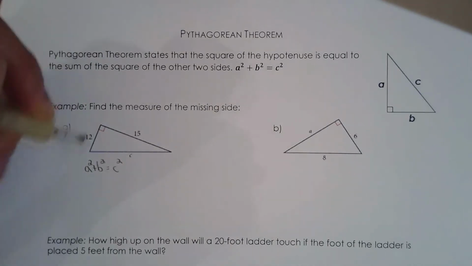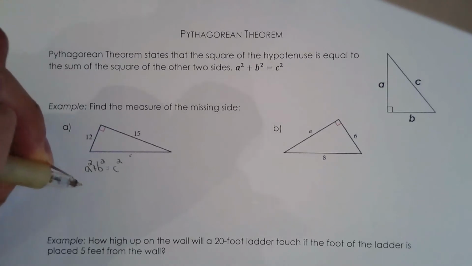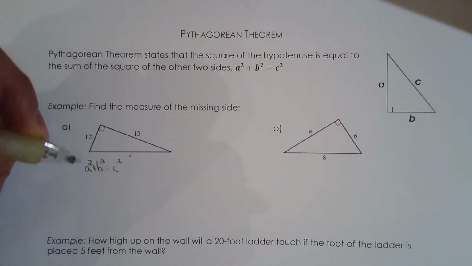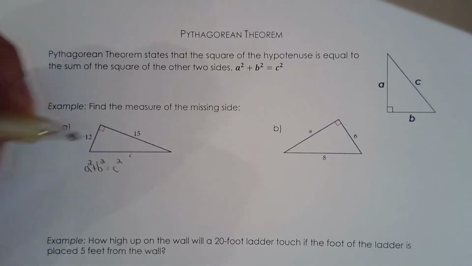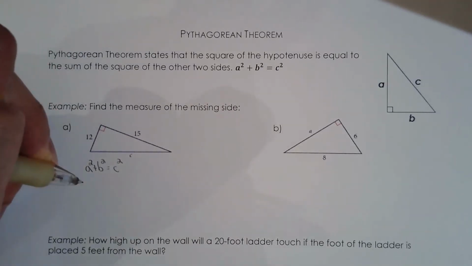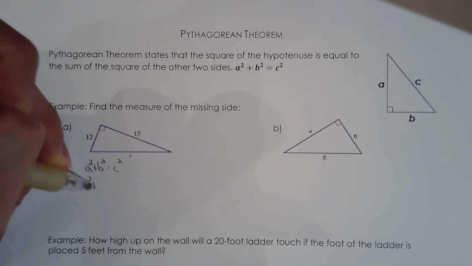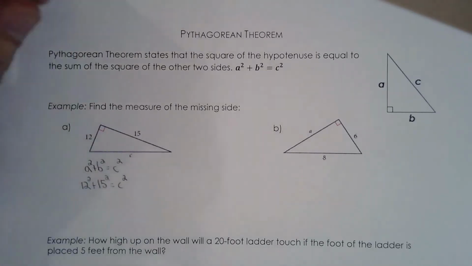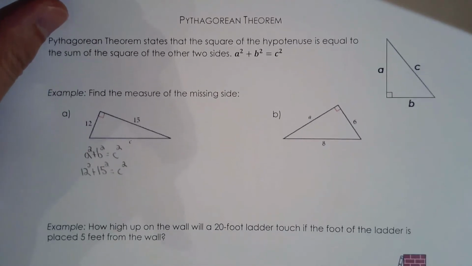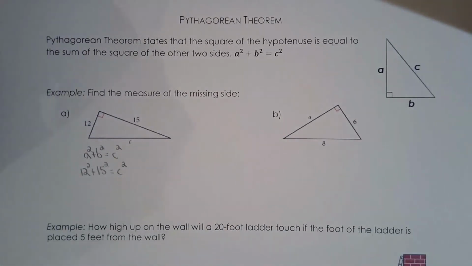The two legs have a length of 12 units and 15 units. Does it matter whether you let a be 12 or a be 15? The answer is no. The legs are interchangeable. So I'm going to let a equal 12 and b equal 15, and my goal is to solve for c, the hypotenuse of the right triangle.